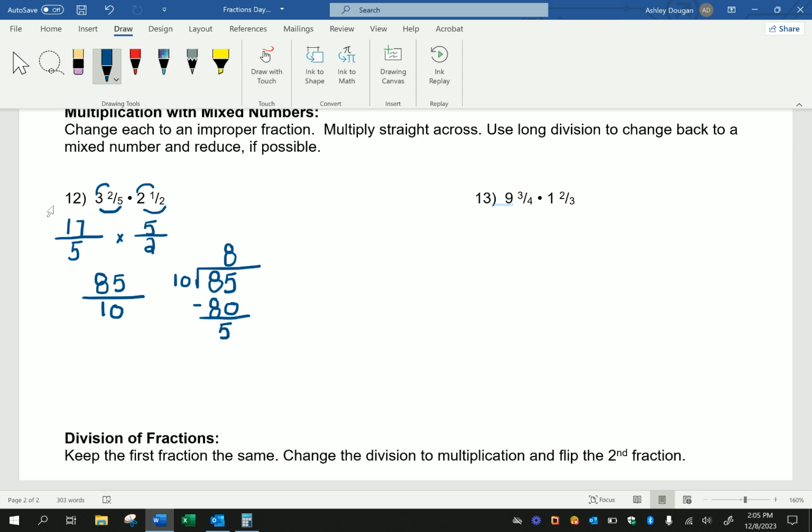I don't have any other numbers to bring down, so I know I'm through with the division. And now I just need to take those values and put them in mixed number form. And I start with 8. And 5 is going to be my numerator. And 10 is my denominator. So 8 and 5/10. Now, I always want to look at the fraction portion of it to make sure that it's in simplest form. If I'm looking at 5/10, it's not in simplest form because I can reduce this fraction by 5.